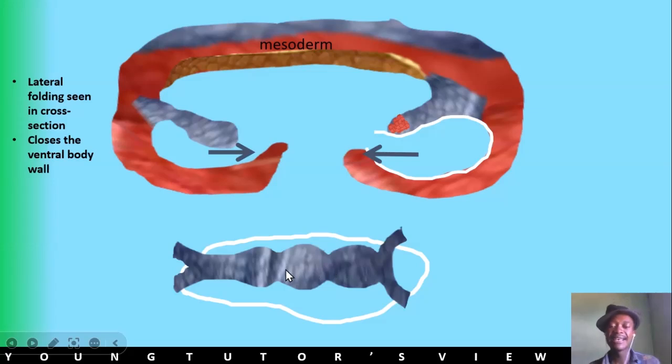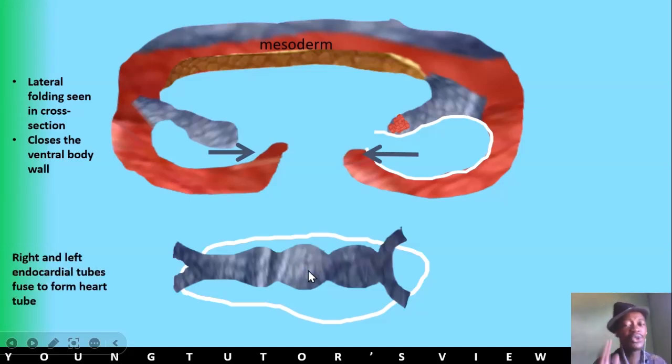So the fusion is happening in the center. We can see that the ends, both the venous end of the heart tube and the arterial end, are unfused. The fusion is happening in the center to form this whole heart tube. So the heart tube is formed from the fusion of the right and the left endocardial tubes.